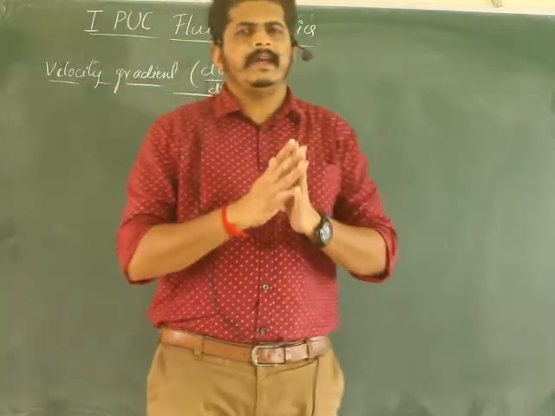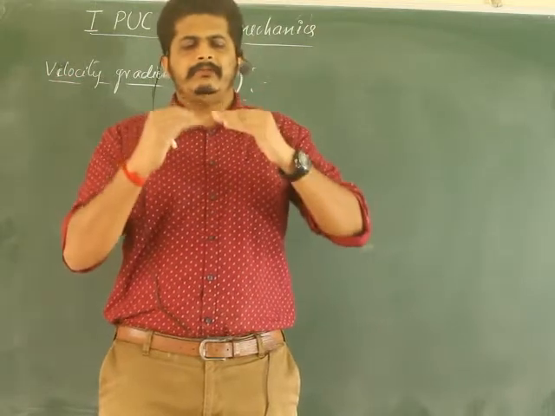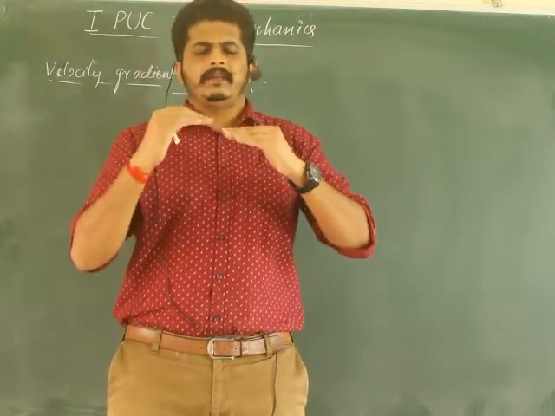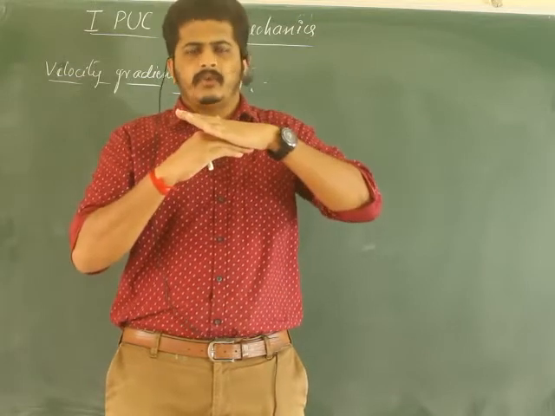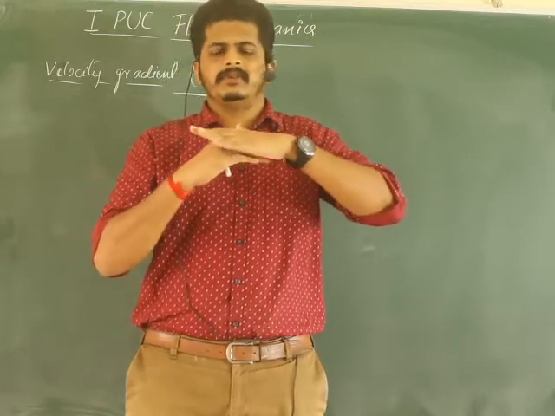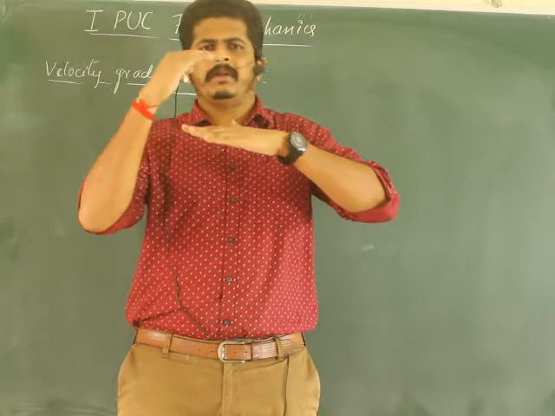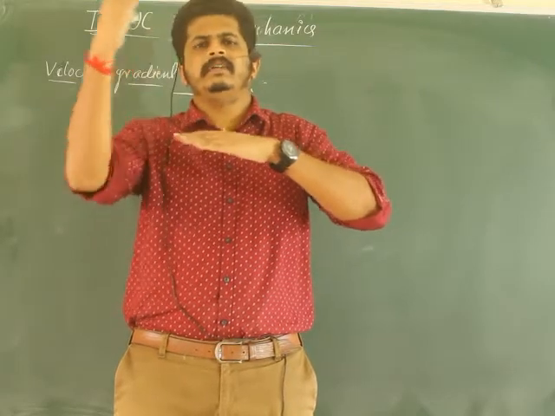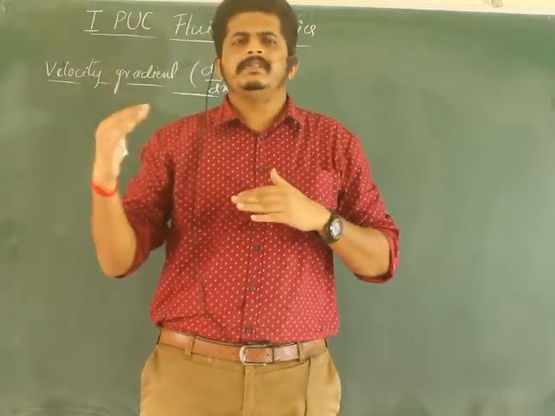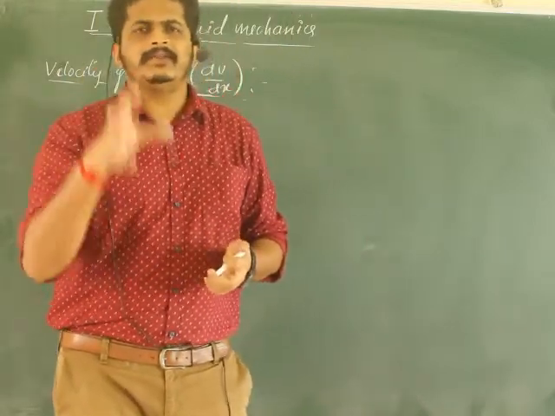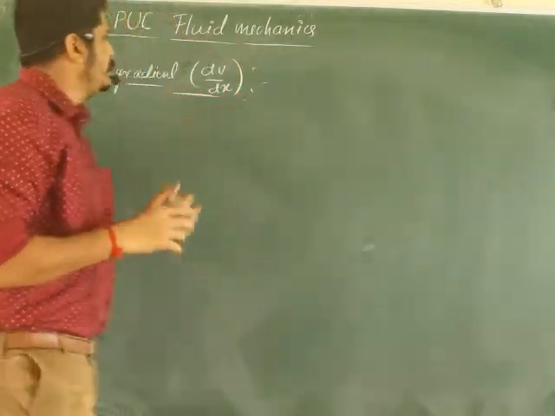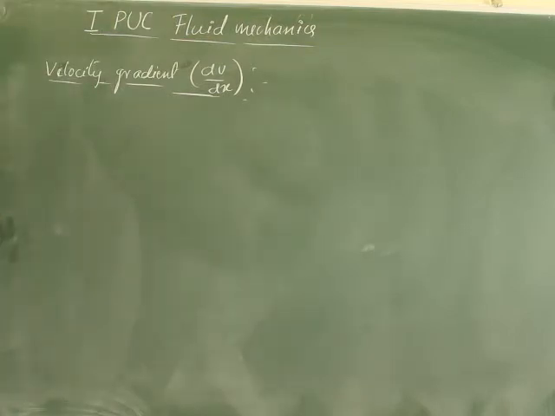The layer attached to the surface over which the liquid flows has more viscous force, and in the slightly upper layer the speed differs. So each layer moves with one particular speed. To understand that, we have the concept called velocity gradient.